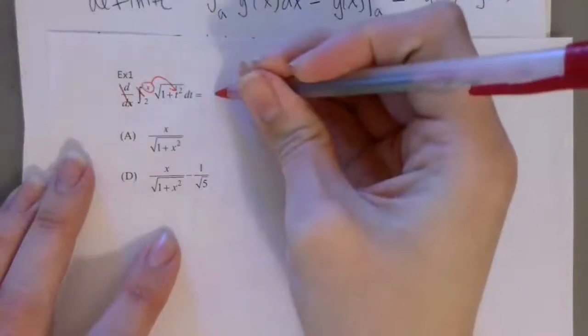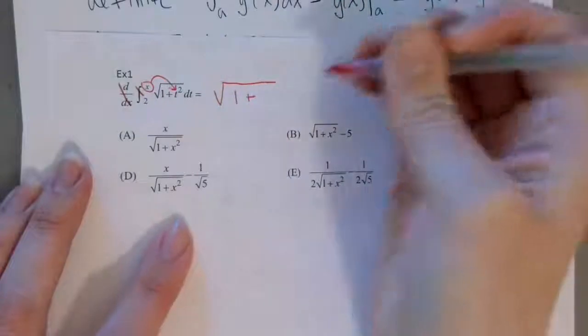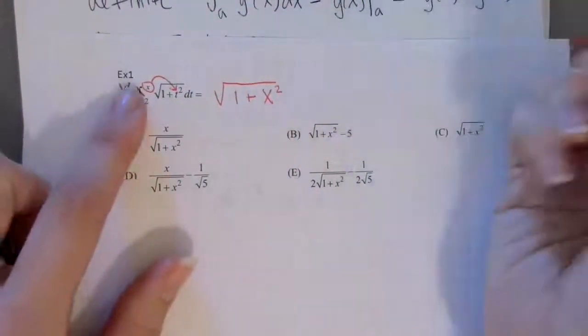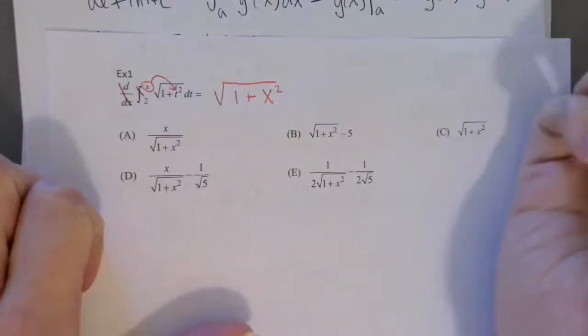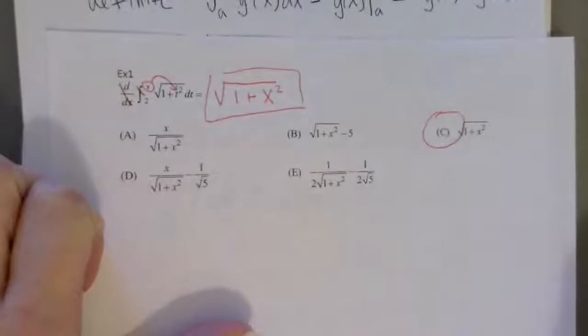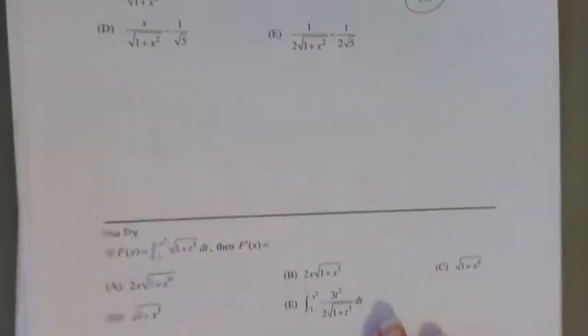And so my answer is going to be the square root of 1 plus, it's not t anymore, it's x squared, times the derivative of x, which is 1, so I don't need that. And that is the answer. Letter C.